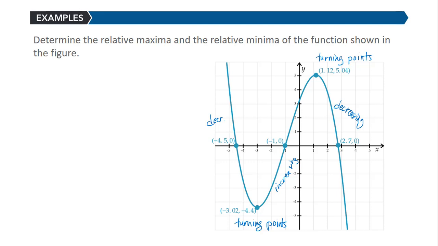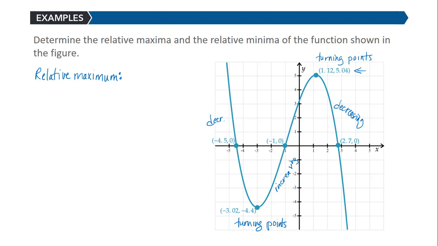So the relative maxima, or maximum in this case, we just have one. We want to find the point that is the highest point around others in the area. So this point 1.12, 5.04 is a high point of the graph. It's not the highest point because there's actually no highest point because the graph continues upward to infinity, though we can't see it here.